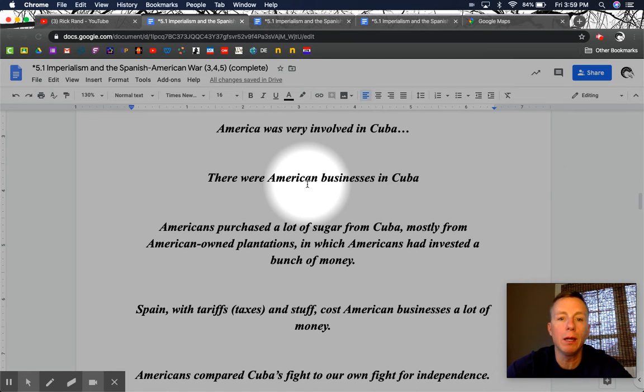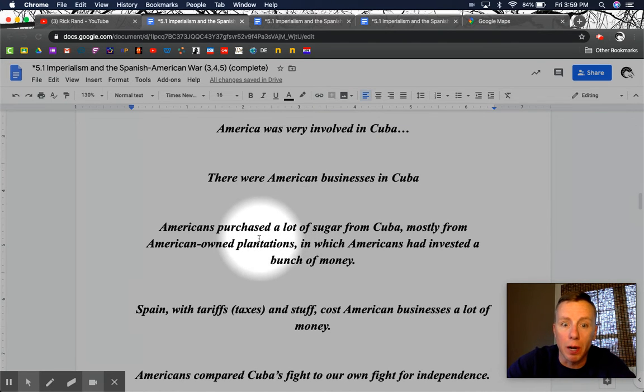There were tons of American businesses in Cuba. So people were making money doing business in Cuba. We bought a lot of stuff from Cuba. A lot of the stuff we bought was bought from American-owned plantations, think sugar. And those plantations were corporations, and Americans had invested money in those corporations.